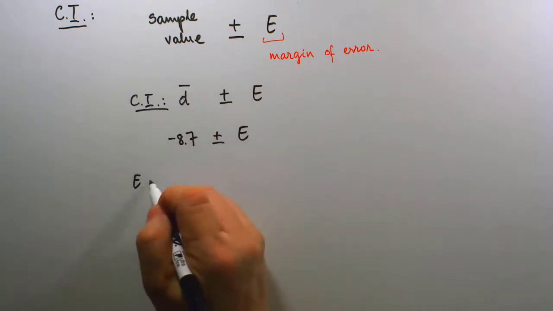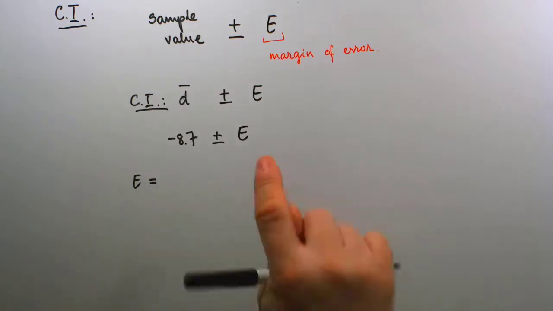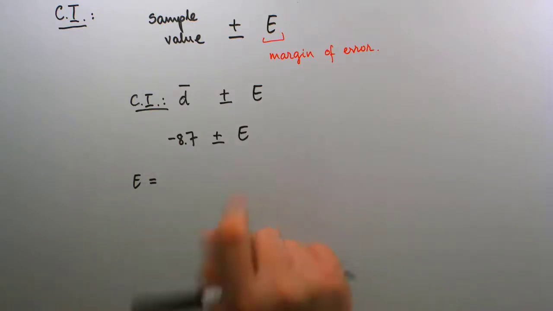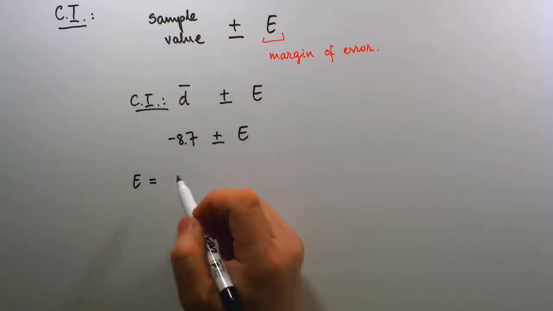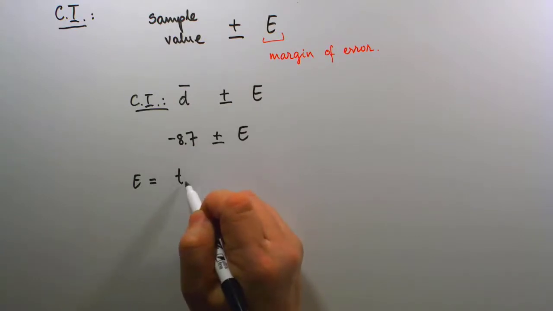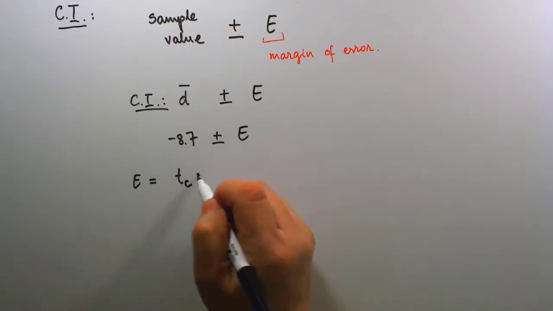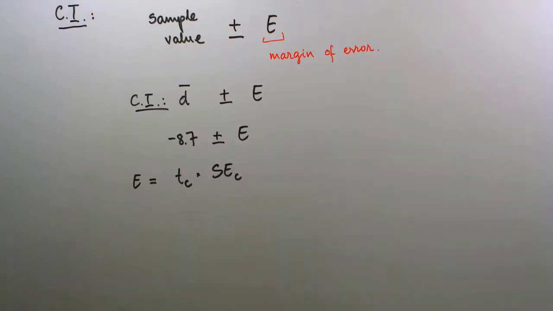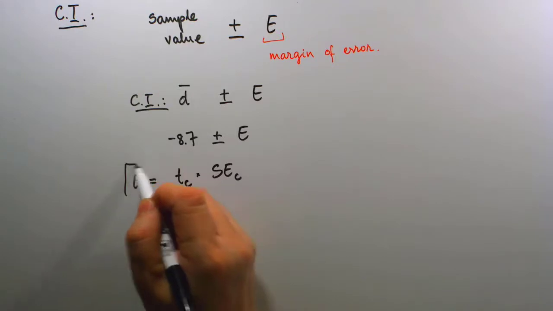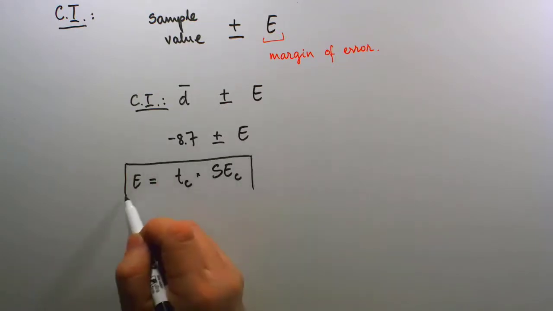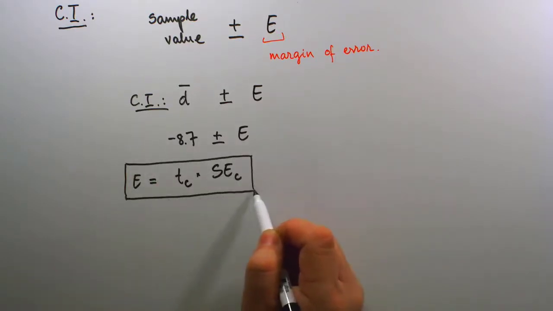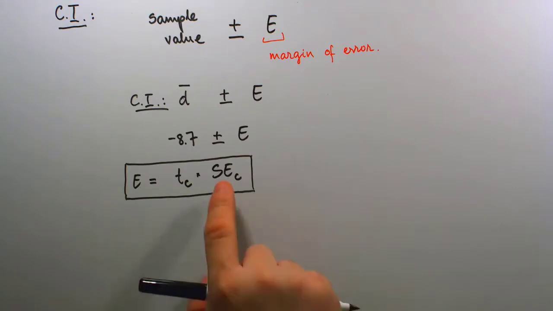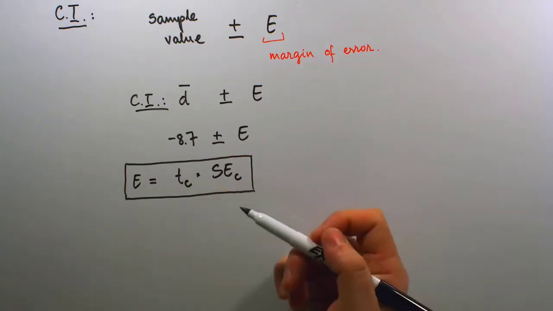So now margin of error in this kind of problem is given as T sub C multiplied with the SEC. And that is the formula we use to calculate the margin of error to estimate the difference in the two population means.